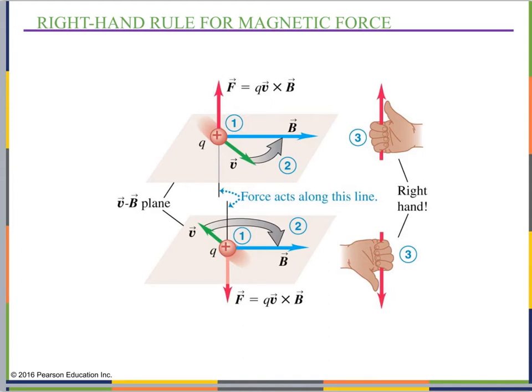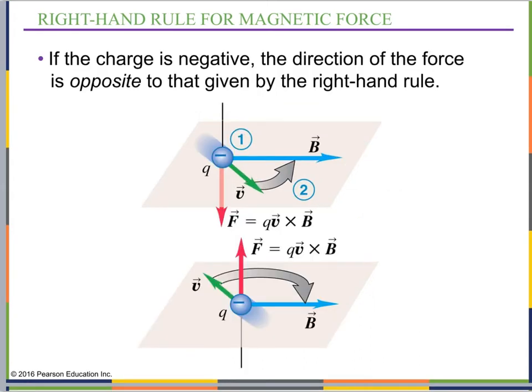In the second picture, notice how the velocity is back towards the screen, and so you actually would have to hold your hand so your thumb's pointing down, because then when you curl your fingers towards the magnetic field, your thumb points down, and that's the direction of the force. I know that it's hard to do this right now, and so this is something that maybe we can go over in a little bit more detail when we have our Zoom meeting, and we can have some video.